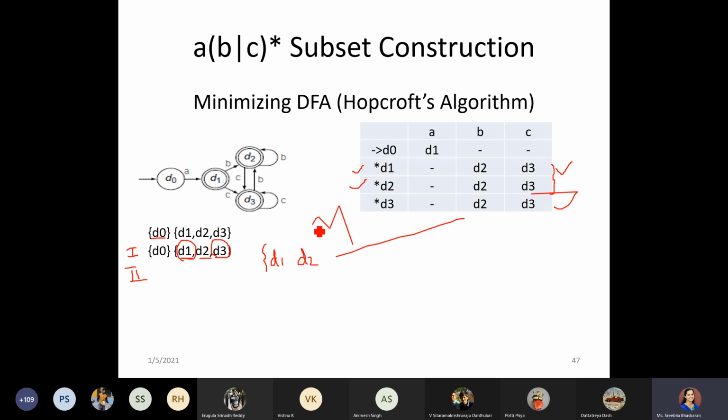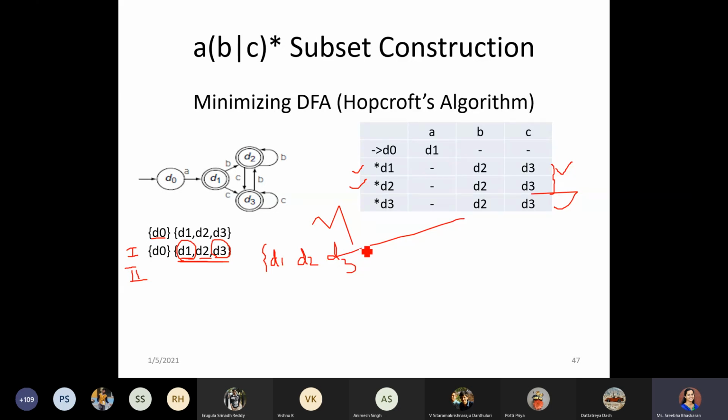So D2 and D3, is it belonging to the same group? Yes. Same group in the sense within this, whether in the same curly braces, does it belong? So that is what it means to be a group. So in the same place it belongs. So that means I can take D3 along with D1.